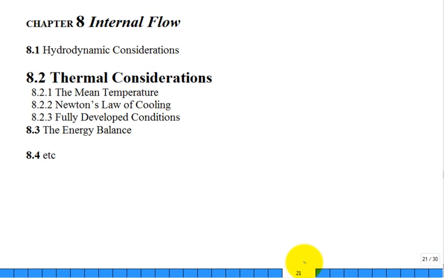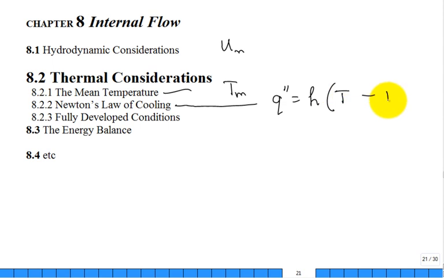How about thermal considerations? Well, we have to come in and talk about a mean temperature, just like we talk about a mean velocity. Then you have Newton's law of cooling. That's just q double prime is equal to h times two temperatures.